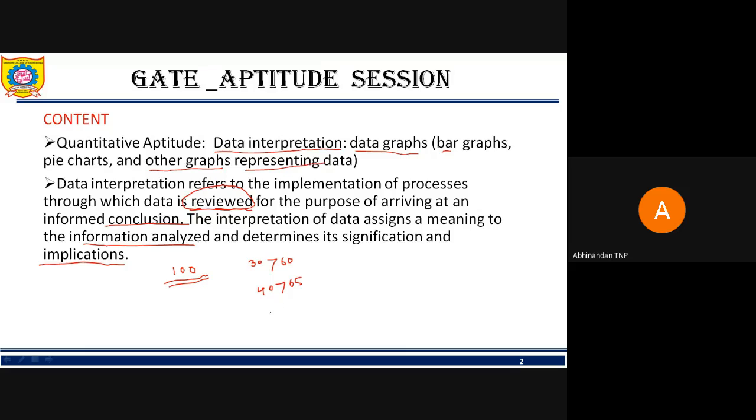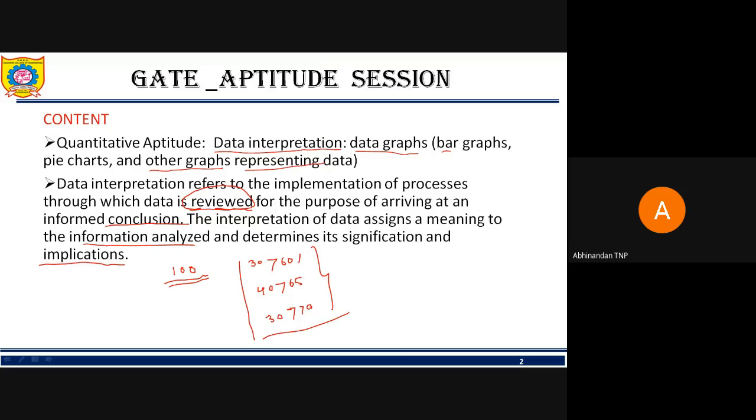And 30 students have scored more than 70%. So what is this? This is nothing but the analysis, data interpretation. We have done the data analysis of 100 students like this: 30 students got more than 60, 40 students got more than 65, and 30 students got more than 70%.